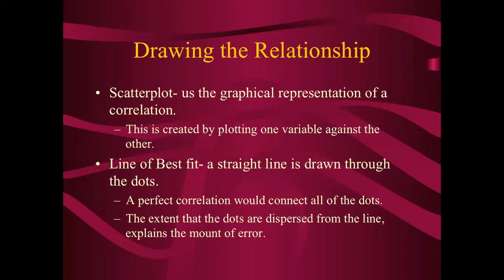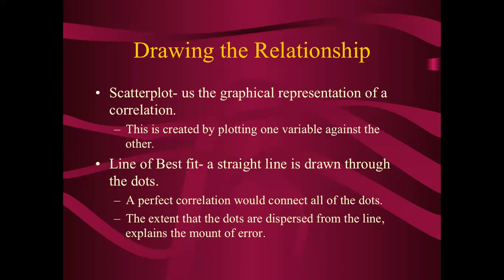Now, what we tend to do is draw a line through the middle of the dots to depict the relative direction it's going in. Now, the closer the dots are to the midline or the line of best fit, the stronger the association is.